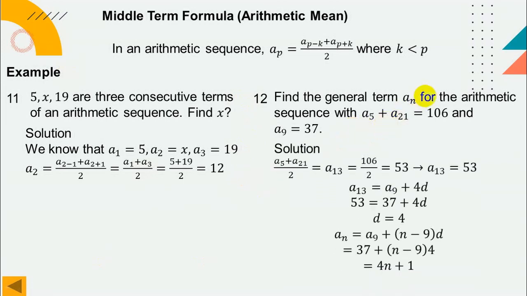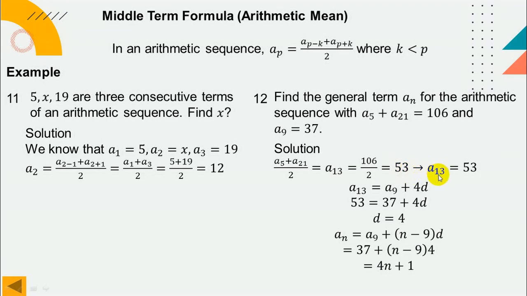So from here, you need to find the middle of the 5th term plus A21. Okay, so in here, the 5th term plus the 21st term over 2 equals the 13th term. Because we have this value, we can substitute 106 divided by 2 equals 53.